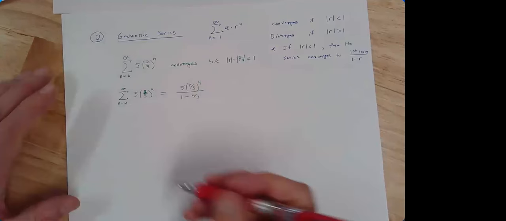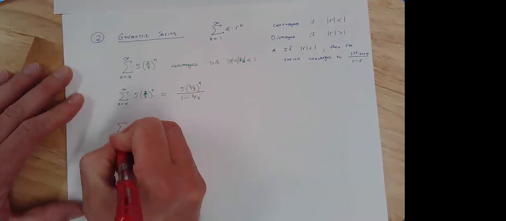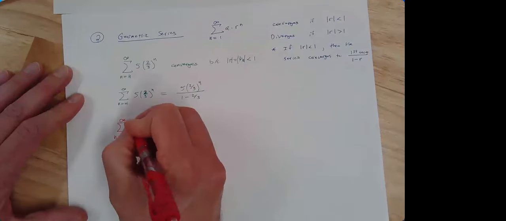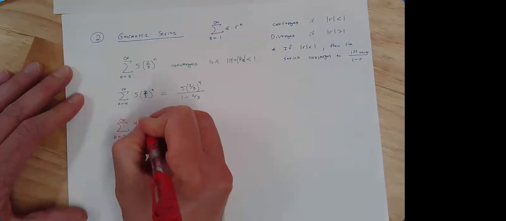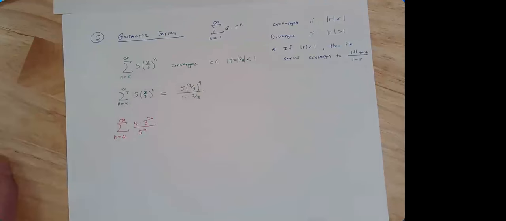So alternatively, we could say something like the sum from n equals 2 to infinity of, I don't know, 4 times 3 to the 2n over 5 to the n. Although this looks kind of sneaky, like it might converge because it looks like your ratio might be 3/5, it's actually not.